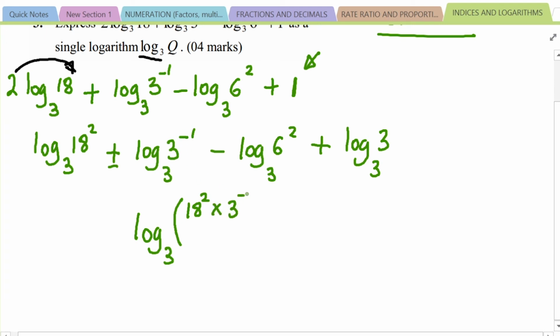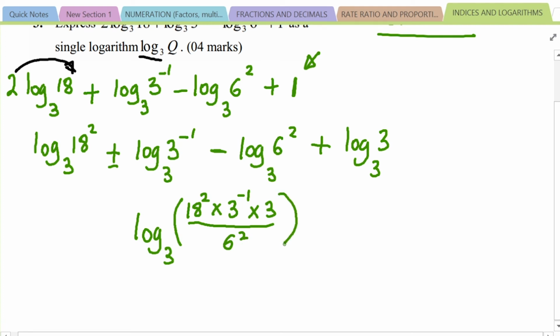And then let's deal with the addition, plus 3, so let's multiply that by 3. Then minus is division, so we shall divide that by 6 squared.